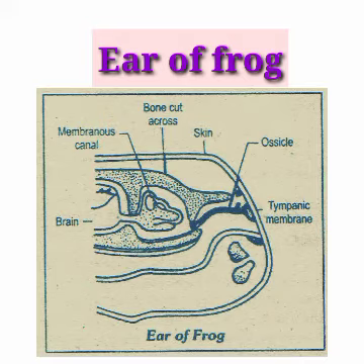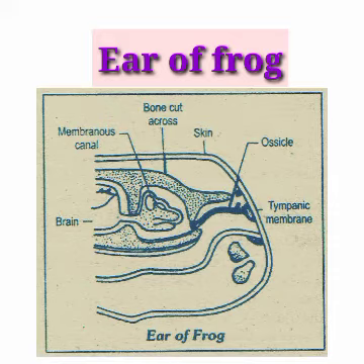Internal ear is a very delicate organ. It consists of three semicircular canals. As you see in the picture, these canals are filled with a fluid and sensory cells are located at some places in these canals. The function of the ear is to collect the sound waves which strike the tympanic membrane.